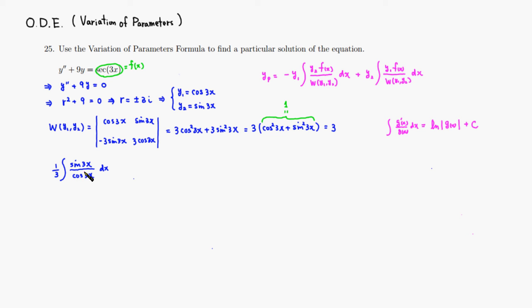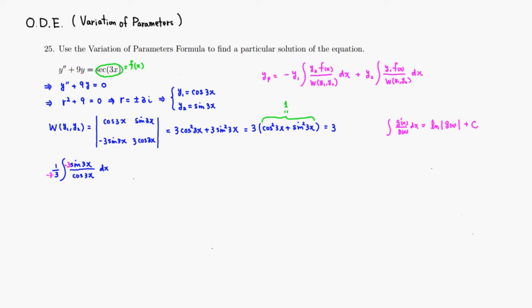The derivative of cosine of 3x would be negative 3 sine of 3x. So I would like to have a negative 3 in front. I'm going to multiply the bottom by negative 3, that way we don't change anything, and you have exactly the derivative of the denominator.